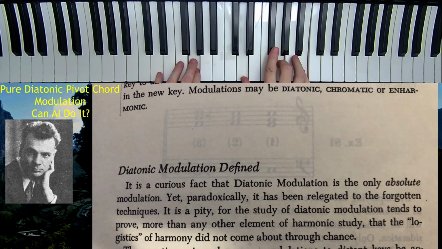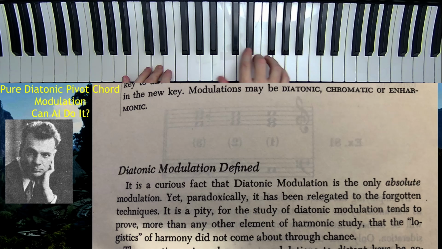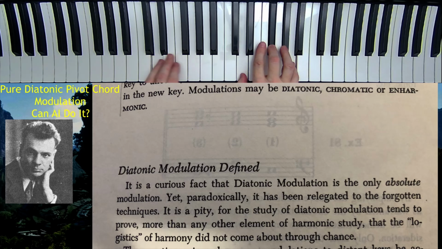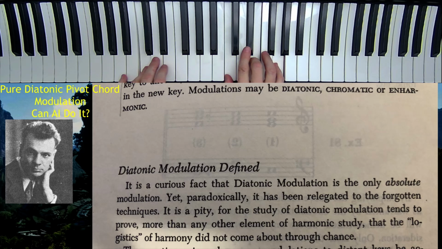Let's create a scenario. If we're in G, the E minor chord can diatonically imply one sharp or two sharps if it's the 2 of D. It could also imply no accidentals, C, as the 3 chord. So you could go to the C. It's implying that. That can imply one flat.